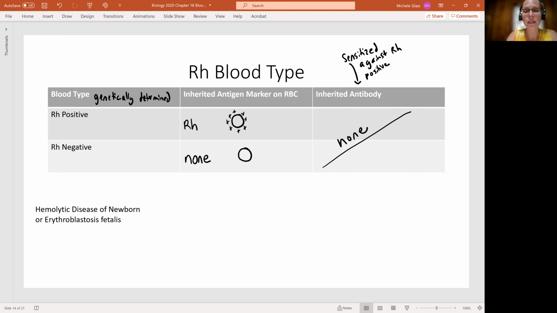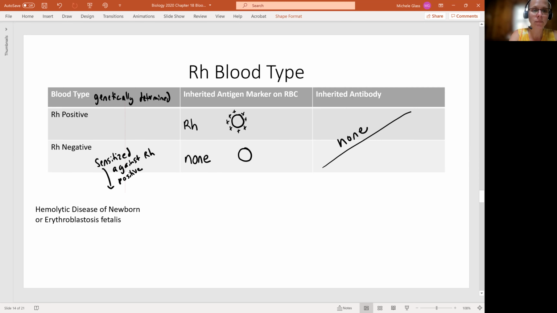What we are going to see then is that the RH negative person is the person who can be sensitized against the RH positive. Because the RH negative person has no marker here, that positive marker would be considered foreign.